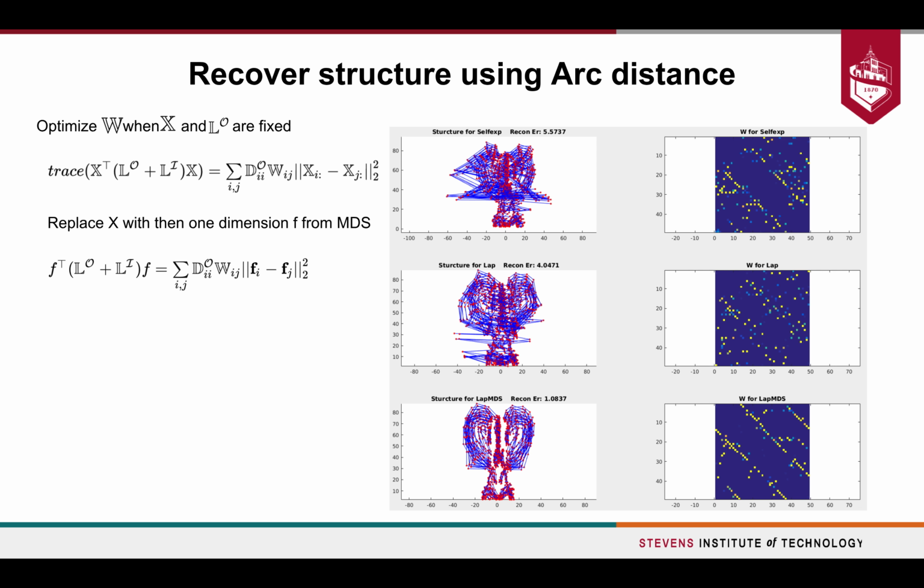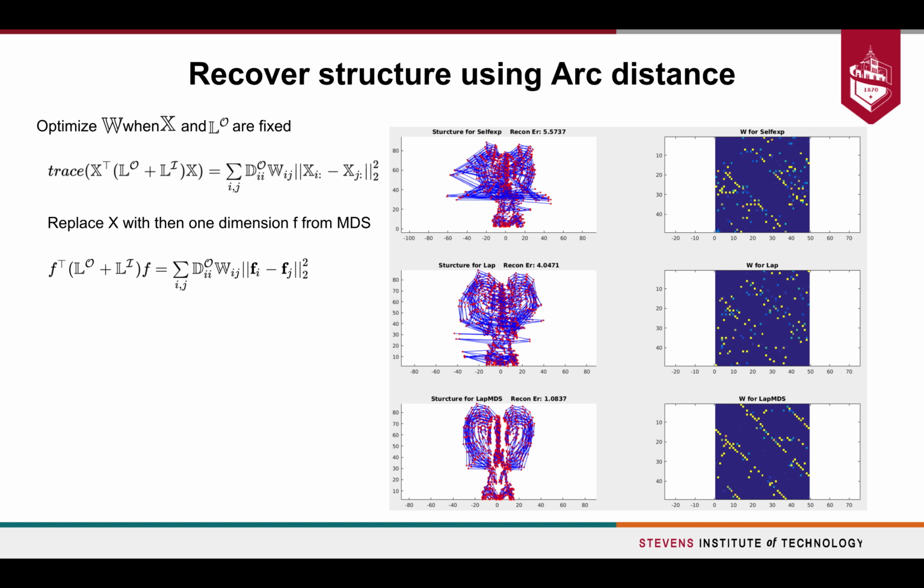In this graph, this is a very sparse and repeating motion, like people waving hands. For self-expressive, you fail to reconstruct, and you can see the W is really a mess. And for our previous method, still using this Euclidean distance, you cannot have a perfect reconstruction.